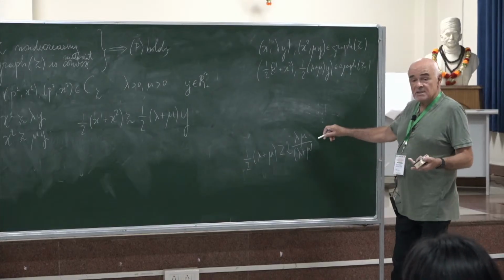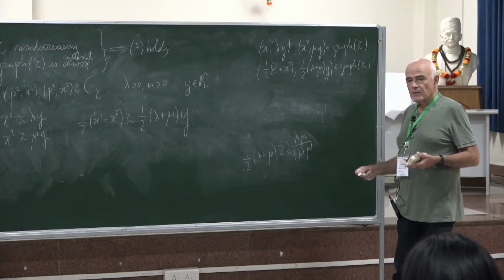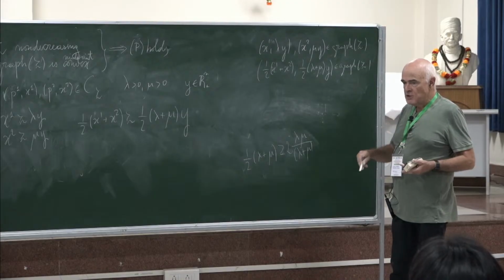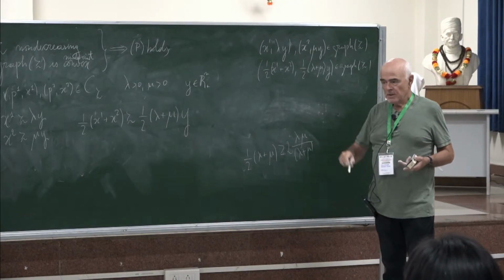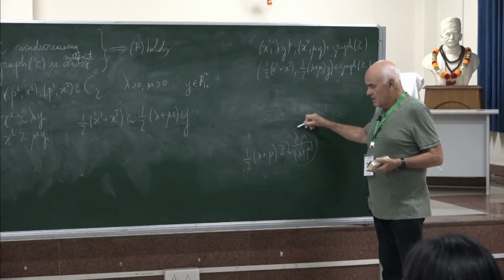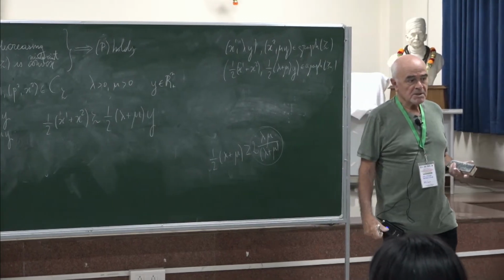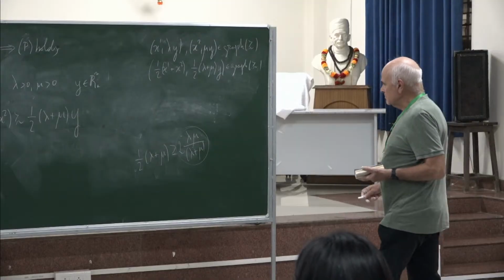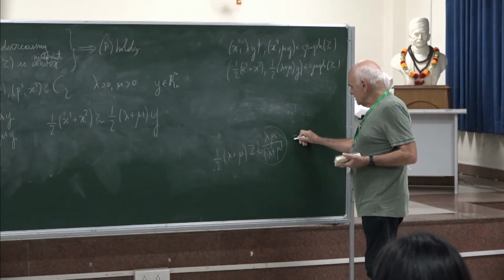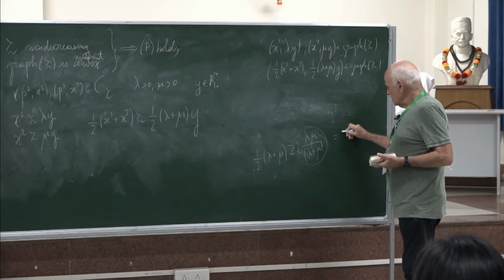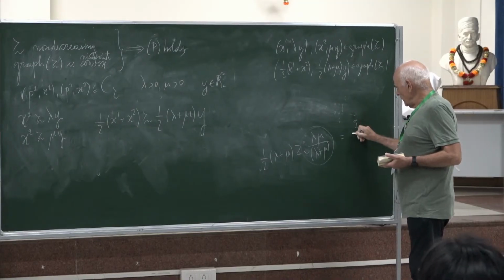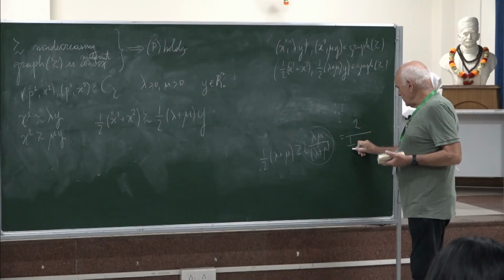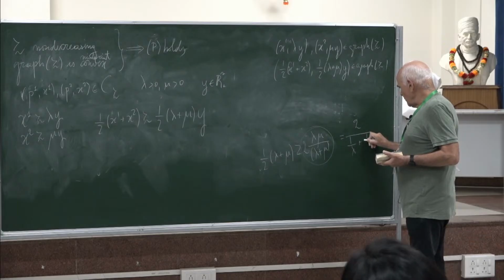In fact, this at first sight strange coefficient appearing in condition P is not so strange. It's the harmonic mean. This is 2 divided by 1 over lambda plus 1 over mu.